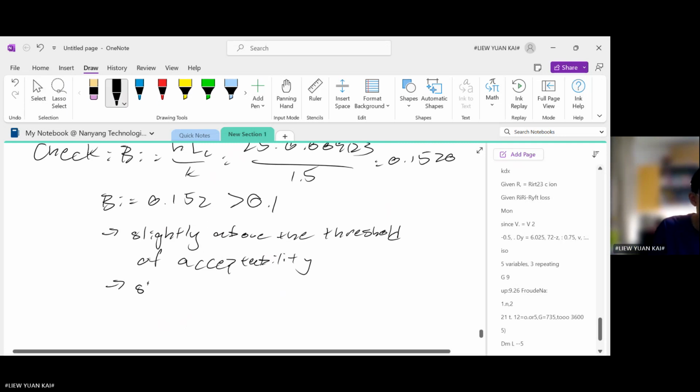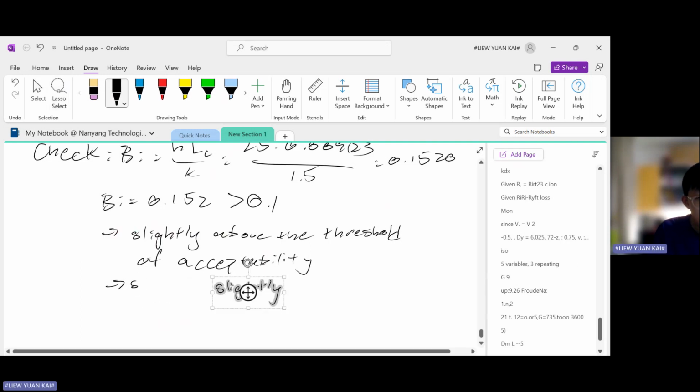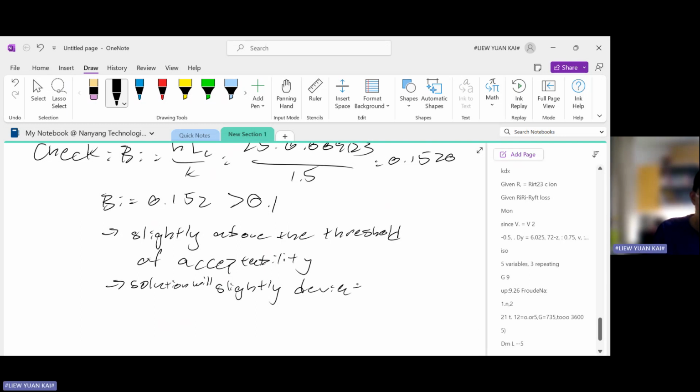So that means the solution will slightly deviate from reality.